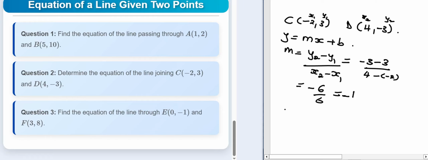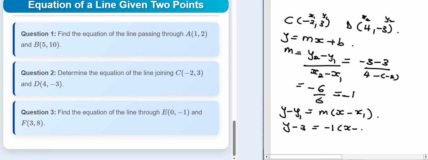Then we apply our formula here, which is y minus y1 is equal to m into x minus x1, like that. And we already know our y1 is 3, then it is equal to m, which we already know is negative 1, into x minus x1, and our x1 is negative 2.